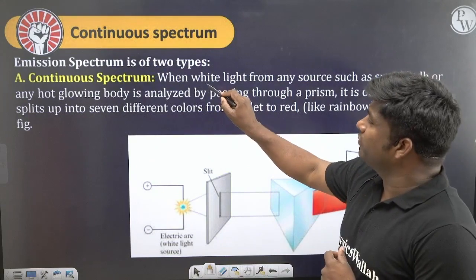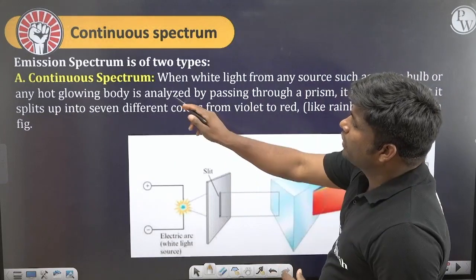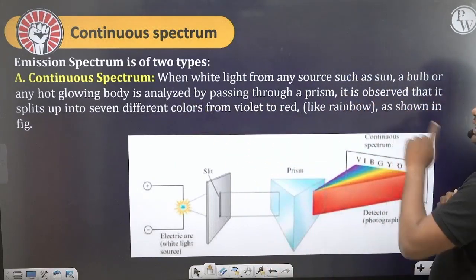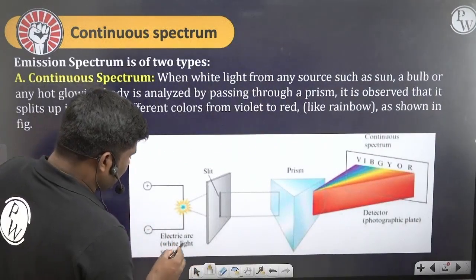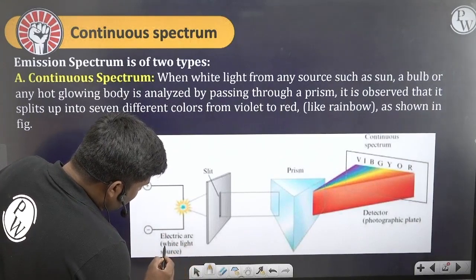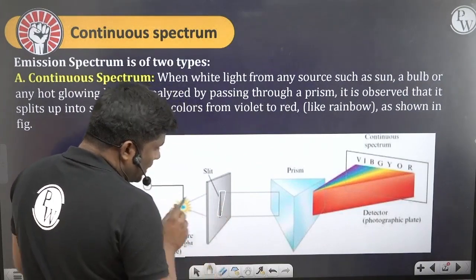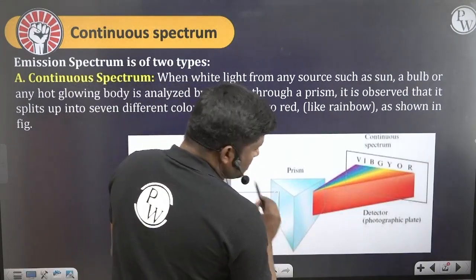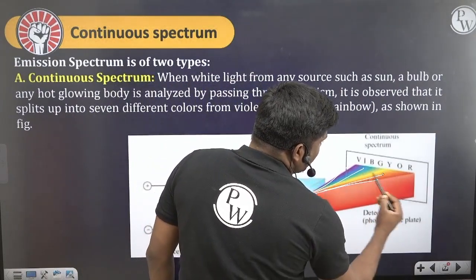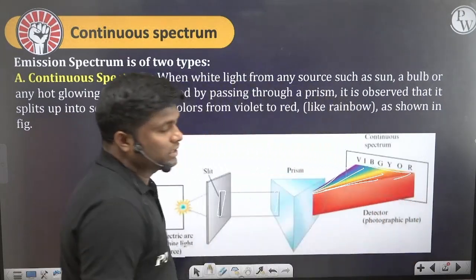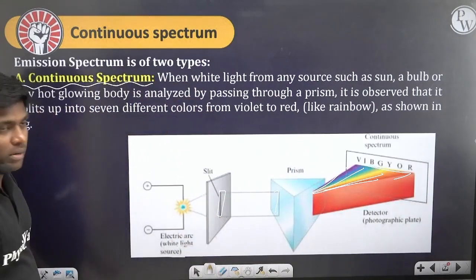Continuous spectrum means when white light from any source such as the sun or a bulb, any hot glowing body, is analyzed by passing through a prism, it is observed that it splits into 7 different colors. See carefully. Electric white arc, this is a white light source. We passed the white light source through a plane with a slit. When passed, where did it fall? It fell on the prism, and what happened after falling on the prism? It got reflected onto what? The photographic plate. How many colors did it produce? It produced 7 colors continuously. So what do we call this? Continuous spectrum, continuous emission spectrum.